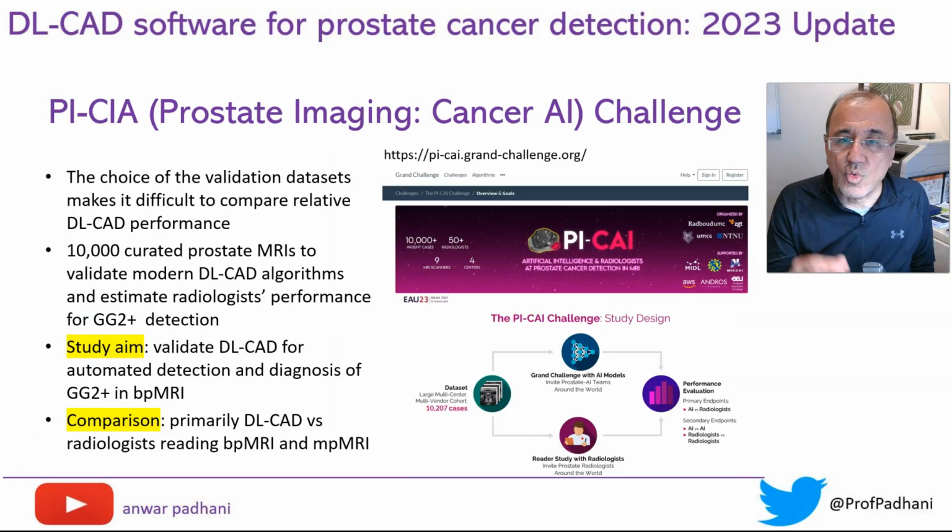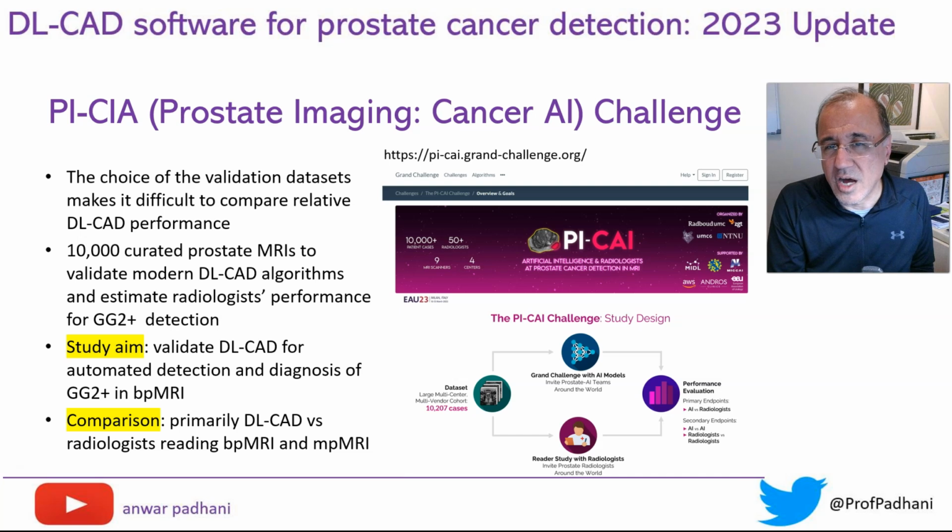So we see the emergence of challenge datasets, and this is one challenge dataset where over 10,000 curated prostate MRIs are being collected, against which various AIs will be challenged to see which AI is the best.